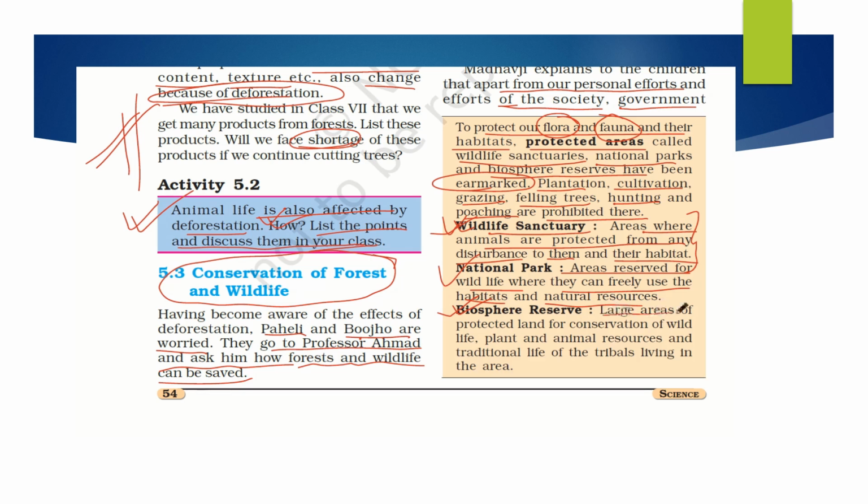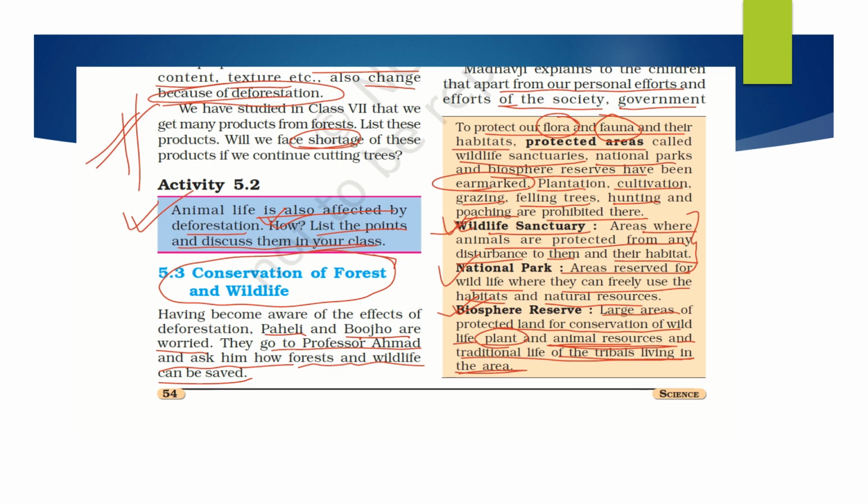These are large areas of protected land for conservation of wildlife as well as plant and animal resources and the traditional life of the tribals living in this area. So in biosphere reserves, the animal resources, the plants, and the traditional life of the Indian tribals are also protected. Not only animals, not only plants, but the tribals are also preserved here.